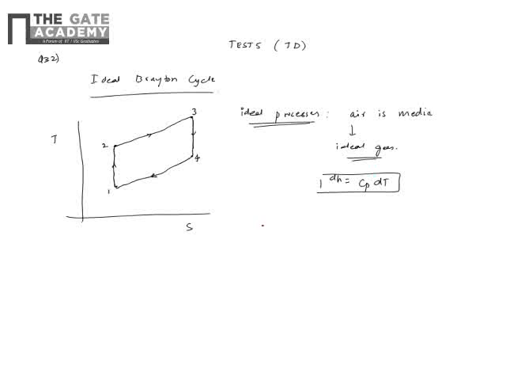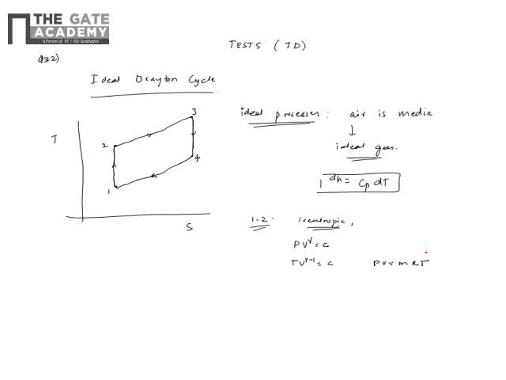First, process 1 to 2 is isentropic, which is nothing but a reversible adiabatic process, and so we have a couple of equations: PV^gamma is constant, and TV^(gamma-1) is constant, and we also have that it's an ideal gas, so PV = mRT.